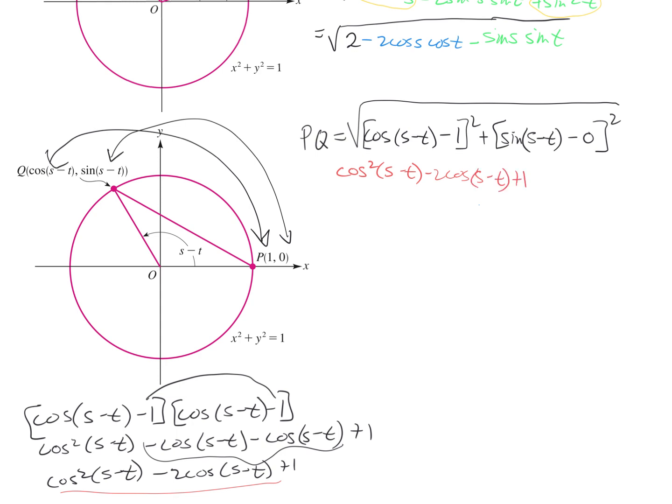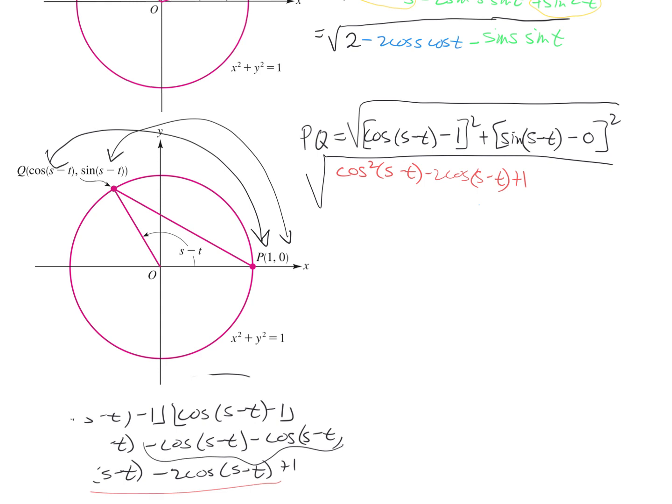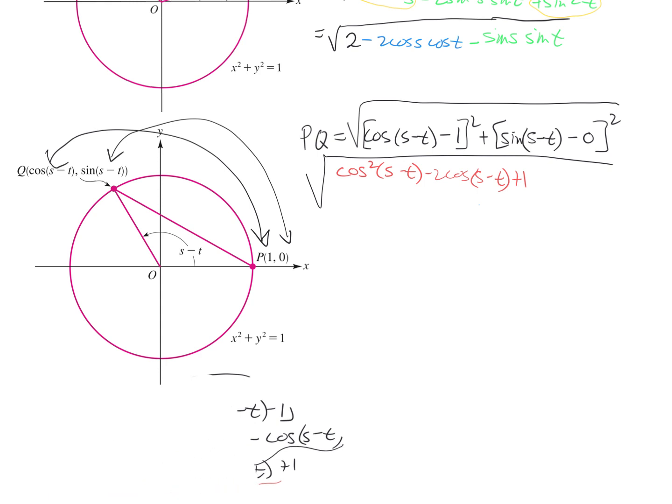Okay, there's that part. And then I need to do the other part. I've got to expand that out and see if I can simplify things a little bit before I put it under the radical. I'll do it in blue here.